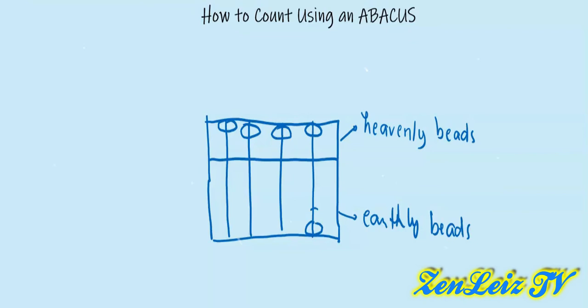The earthly beads are composed of four on each wire rod. But some other abacuses, like the Chinese abacus, have two on top and five on the bottom. But they only use four on the bottom and one on top anyway. So, we'll just use the Soroban abacus. The counting is the same for the Japanese abacus. Anyway, the value of the heavenly beads on top is equivalent to 5, a count of 5. The ones on the bottom each have a count equivalent to 1.